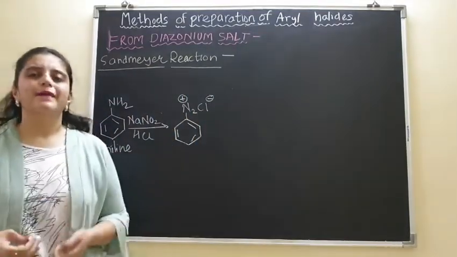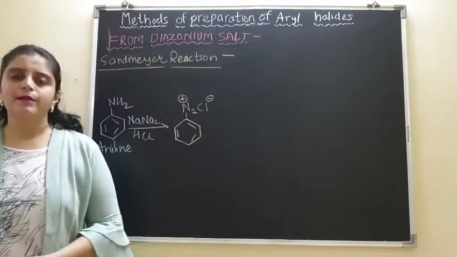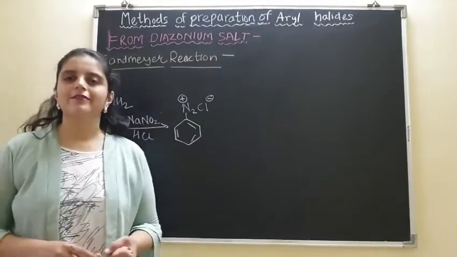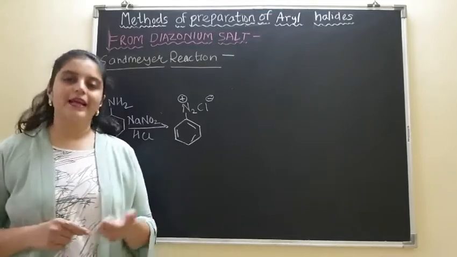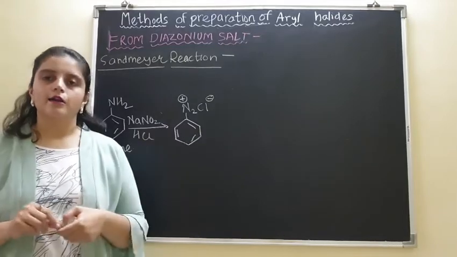Now, if we take this freshly prepared benzene diazonium chloride, we can prepare all four types of halobenzene. That means we can prepare chlorobenzene, bromobenzene, iodobenzene, as well as fluorobenzene from this freshly prepared diazonium salt.